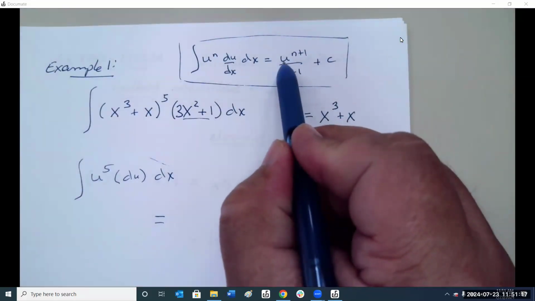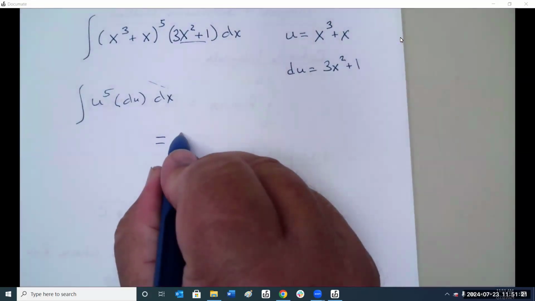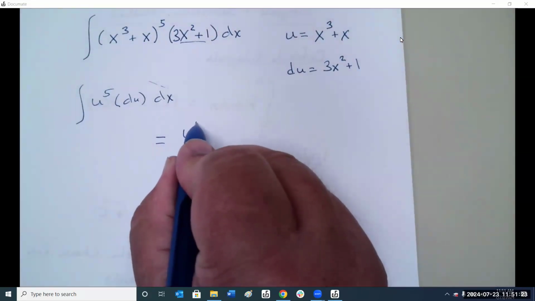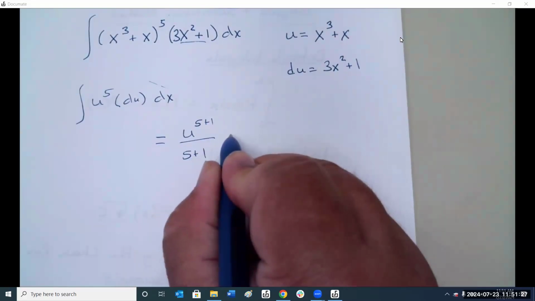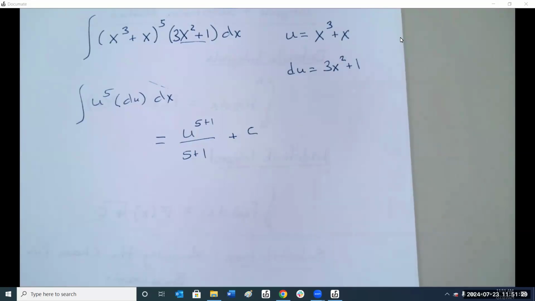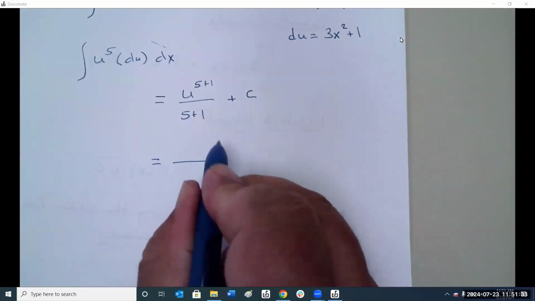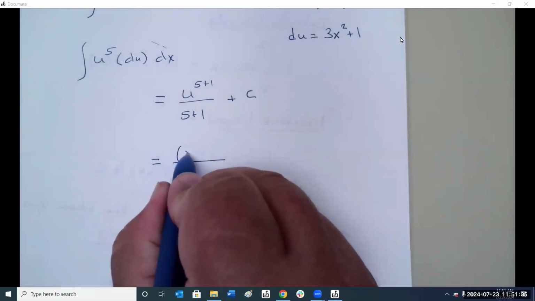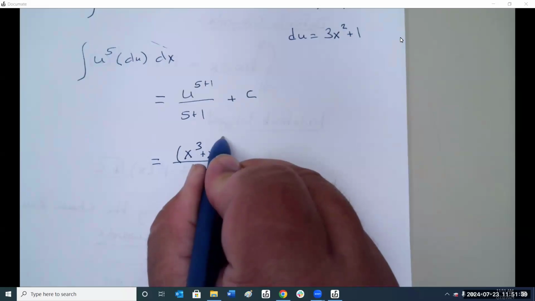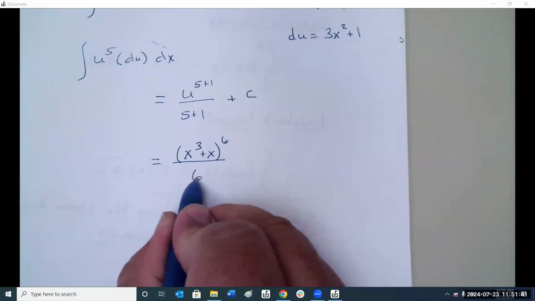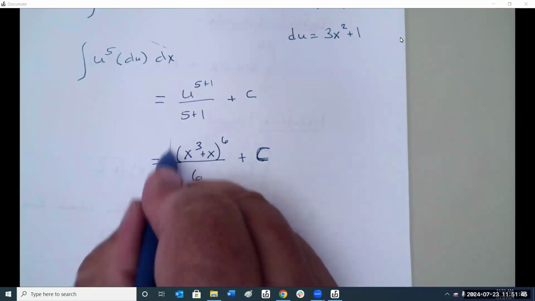Our answer is u to the n plus 1 over n plus 1. 5 plus 1 over 5 plus 1 plus c. U is x cubed plus x, to the 6th over 6 plus c. And there's your answer.